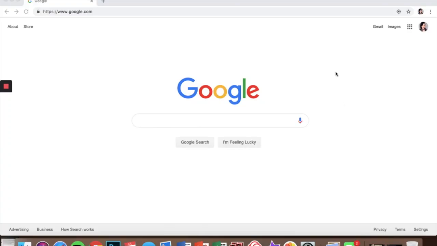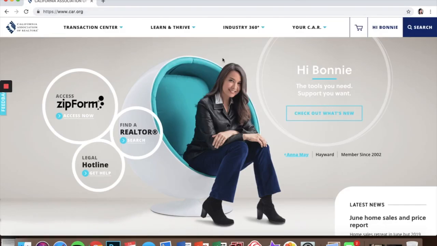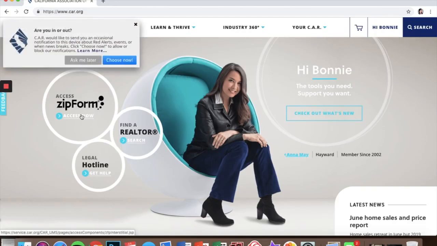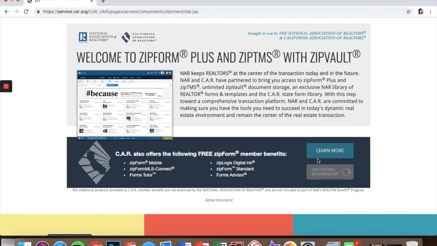So we'll access ZipForm by selecting car.org. Then we'll log in by clicking Access Now underneath Access ZipForm. We'll click Continue.